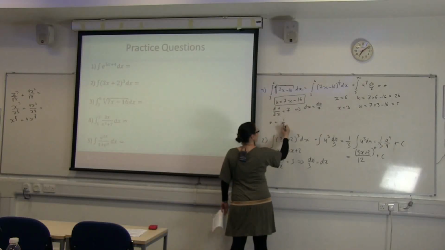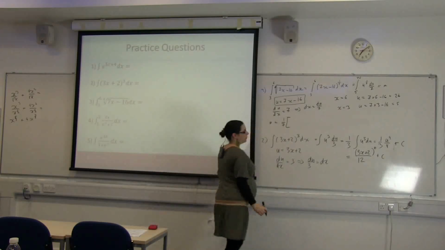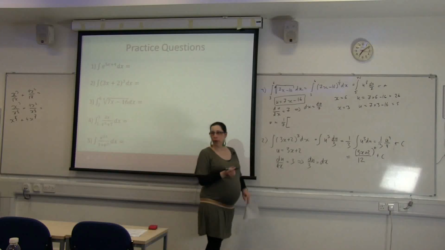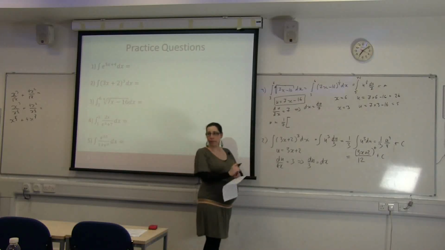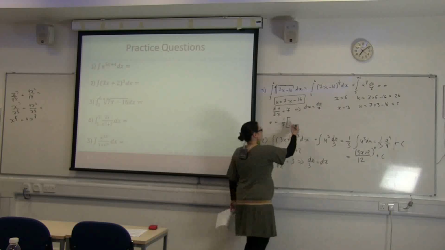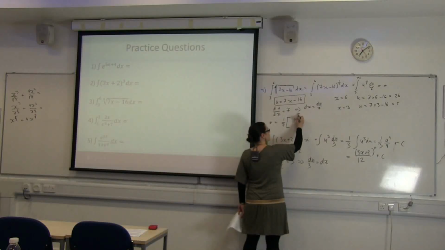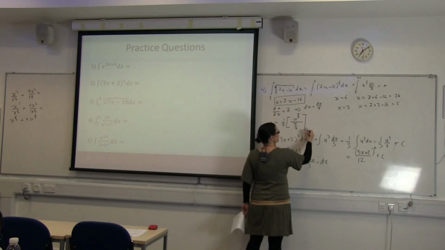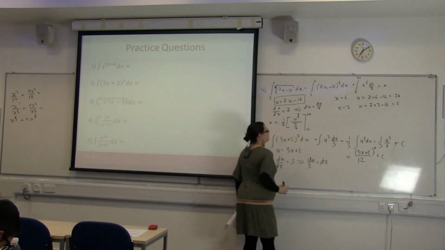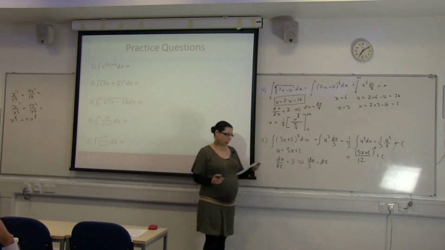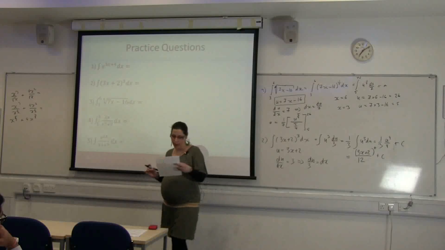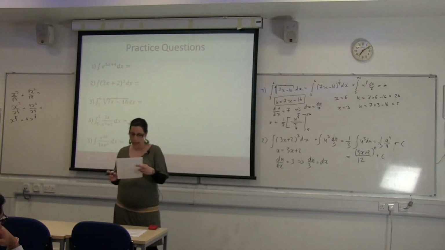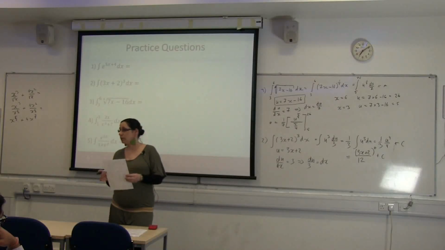The 1 over 7 can be brought out. U to the 1/4, what will be the integral of that? And it will be evaluated between 5 and 26. The easy part in here is that you don't have to substitute x back.